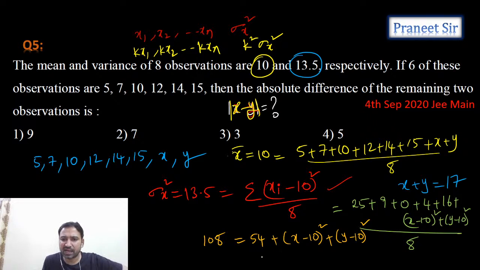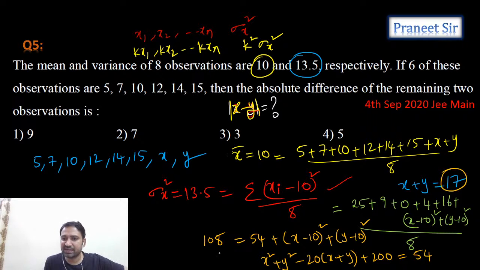So from this we can calculate x square plus y square minus 20 times (x plus y) plus 200 is equals to 54. But x plus y value we know, 17. So you can substitute this 17 value here.